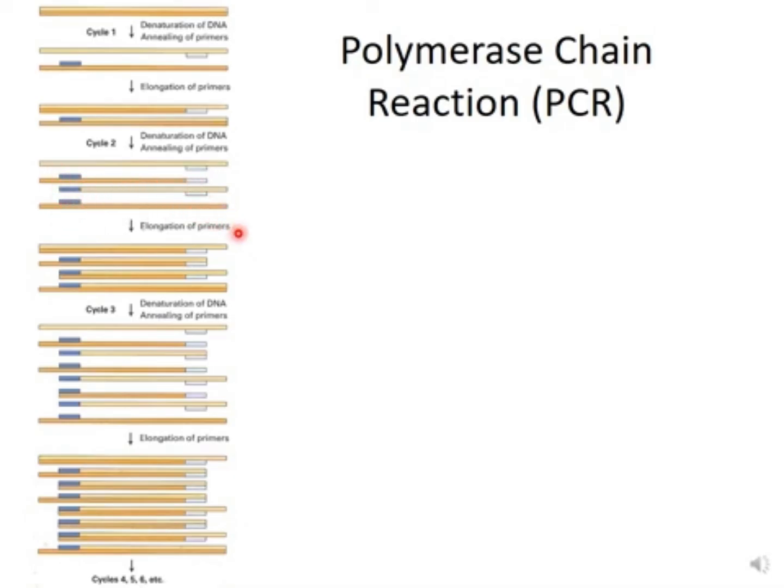Afterwards, DNA polymerase binds to its primers and extends the DNA sequences that are present. So instead of having two DNA strands, we end up having four. And we continue cycle after cycle until we have a large quantity of the double-stranded DNA strand that we started with.